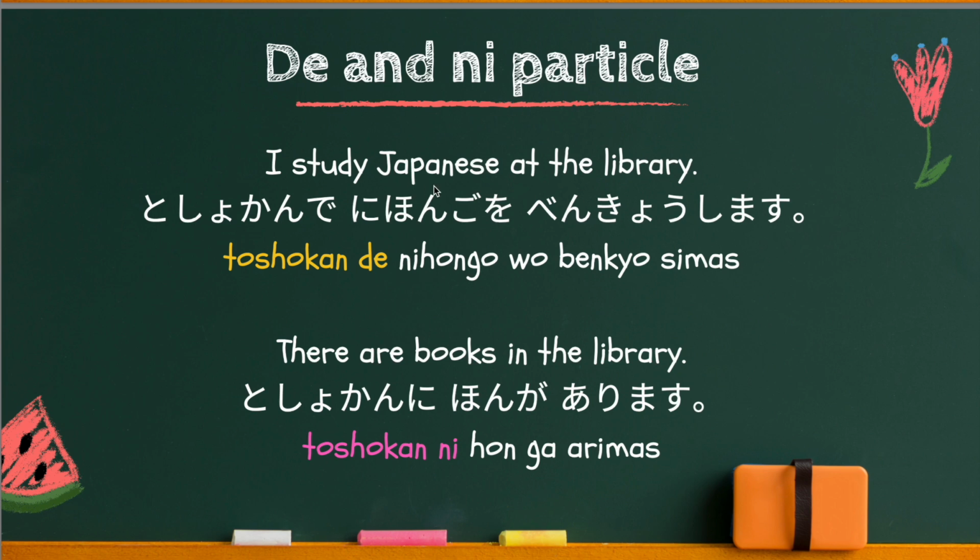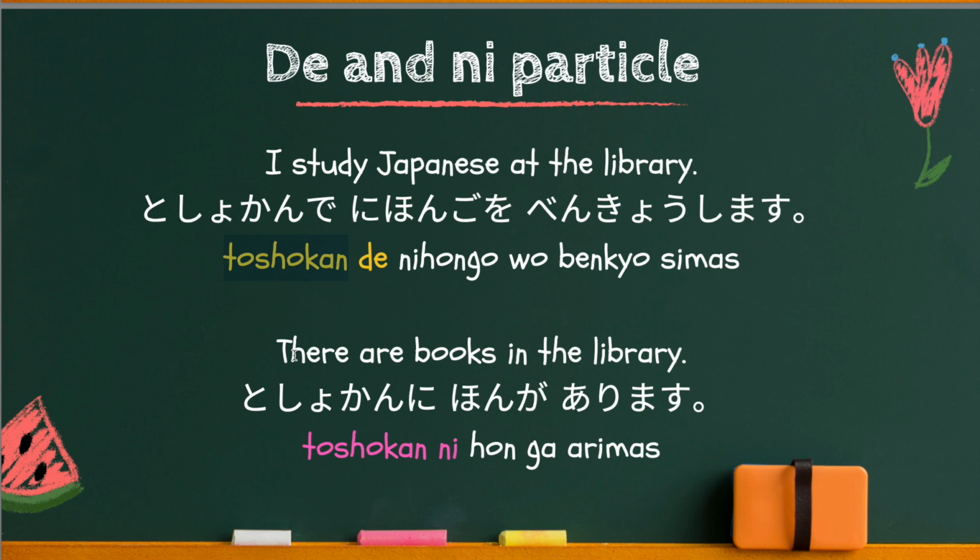So, it says, I study Japanese at the library. This is 図書館で日本語を勉強します。In this case, library is where the action of studying takes place. Therefore, in this context, library is the place of action. Therefore, you need to use で particle to indicate this is the place of action.